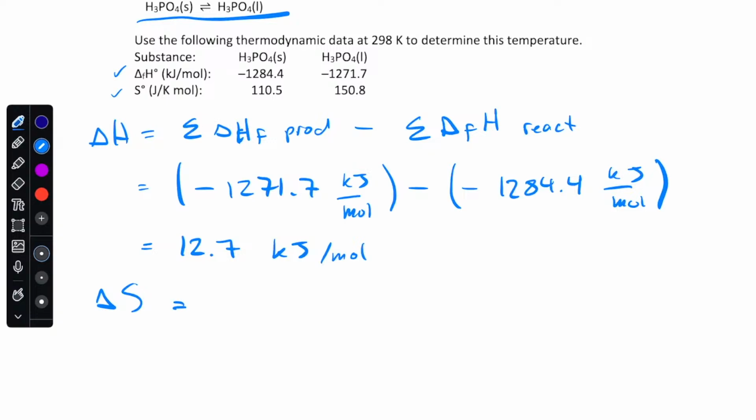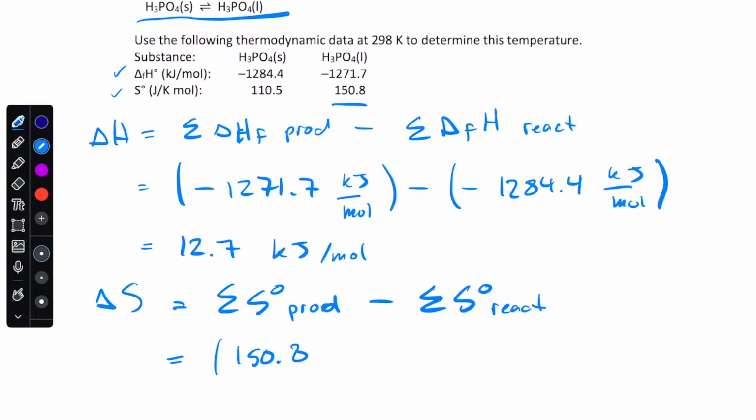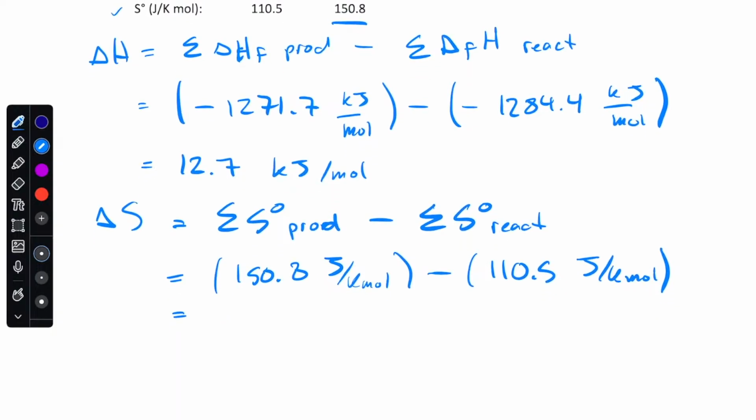So that's going to be equal again to the sum of the S zeros of the products minus the sum of the S zeros of the reactants. And the product is the liquid, which is 150.8 joules per K mole, minus the reactant is 110.5 joules per K mole, equals 40.3 joules per K mole.